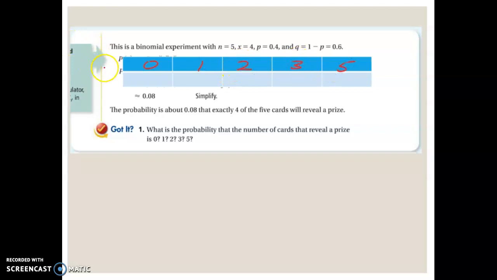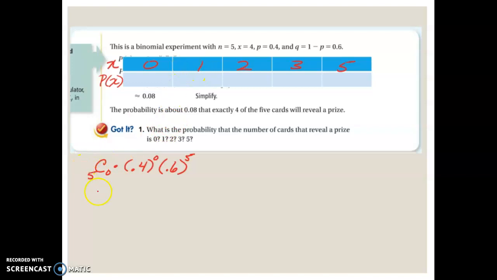All right, that's your number, your x. And then you want the probability of x. Well, for the 0, you would have 5 combination 0 times your probability of success, which is 0.4, 0 of them. Probability of failure, which was 0.6, all 5.